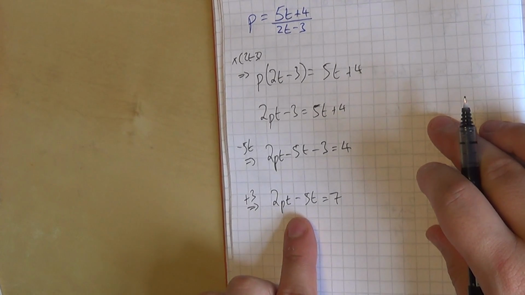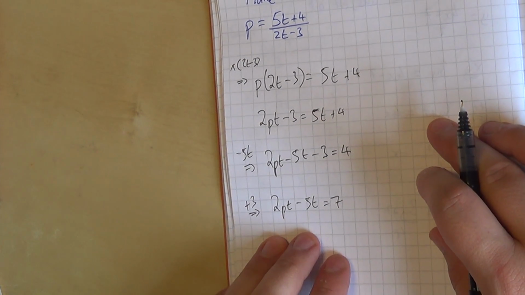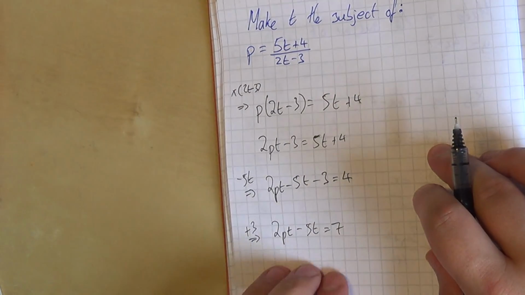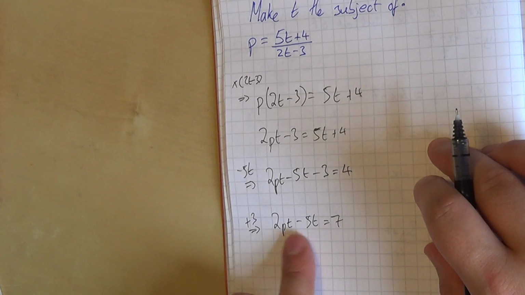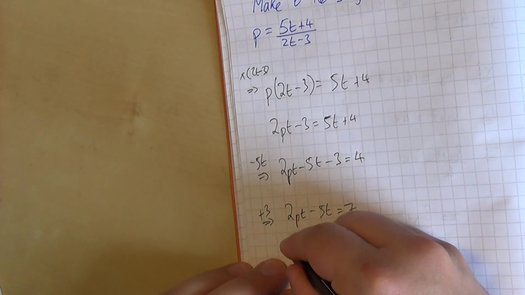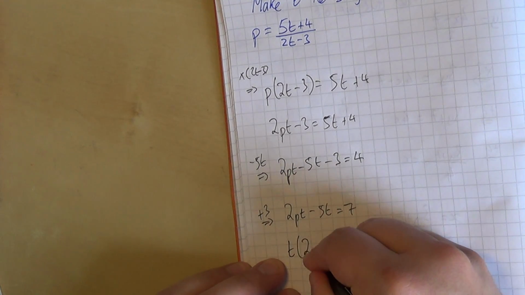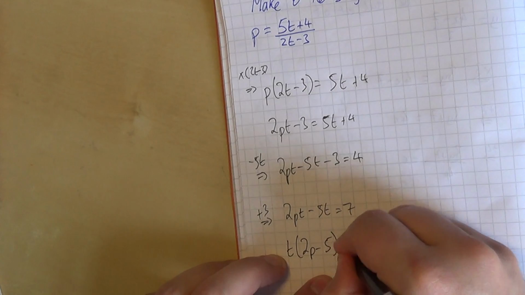So now we've got all the t's on the same side of the equation at least, all in the same height, as it were, not part of a fraction. And because t is what we care about, and it's in every term, we should factorise that out. So that means that we get t lots of 2p take 5 equals 7.